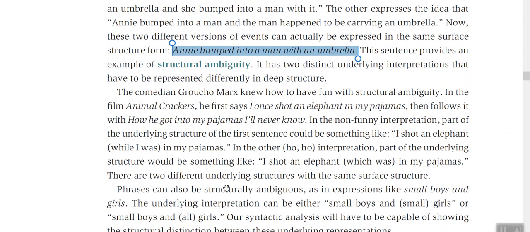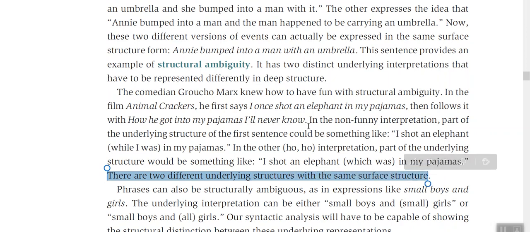So there are two different underlying structures with the same surface structure. You see, two different underlying, it means deep structures, with the same surface structure.